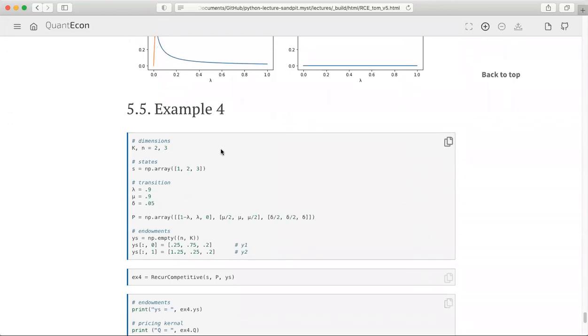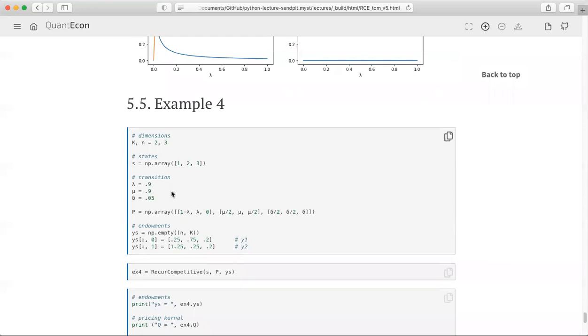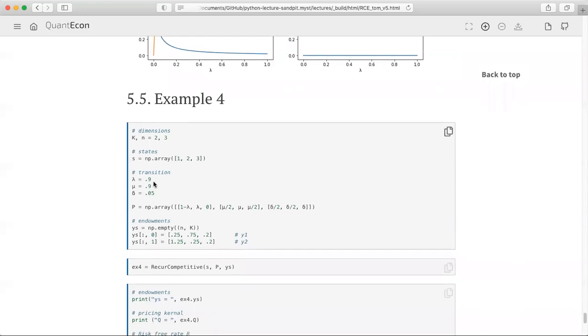Then I did an example 4. I won't go through this, but I'll show you how to set it up. This is kind of like a Rietz and Barro example. Asset pricing guys do this. They created this kind of example. I made two people, but 3 states, and these transition probabilities.